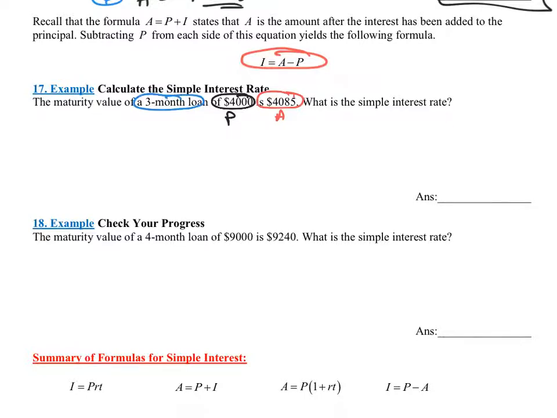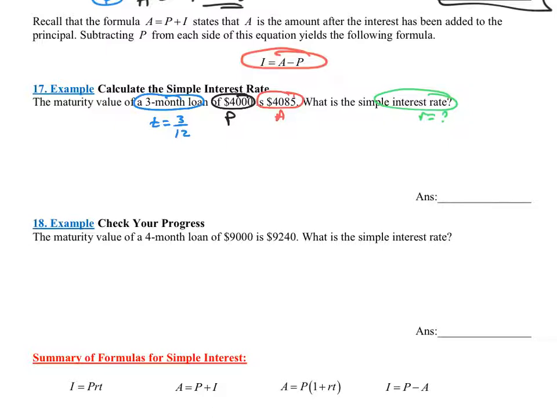They don't know what the simple interest rate is, so they want to know what R is, and we have to assume R is annual in this case. So if R is annual, that means my time has to be annual. So my time is 3/12 of a year. 3 months is 3/12 of a year. Again, we have to force our time to be annual.